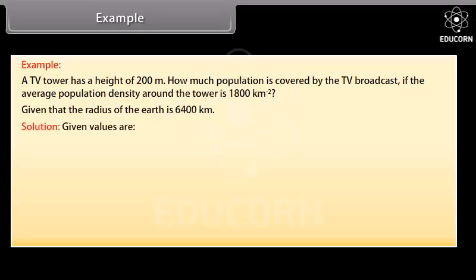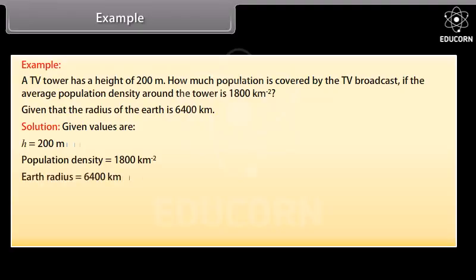Let's see the solution. Given values are H equal to 200 meters, population density equal to 1800 per kilometer squared, Earth radius equal to 6400 kilometers.